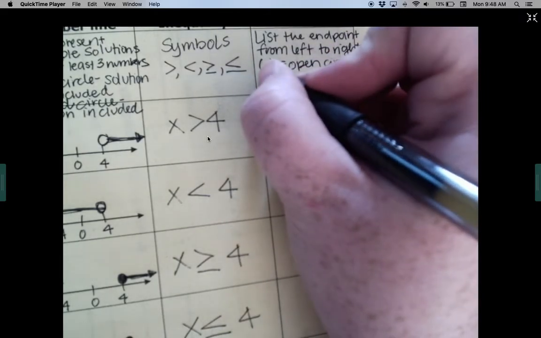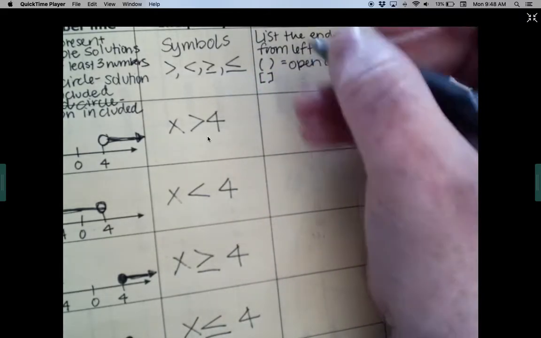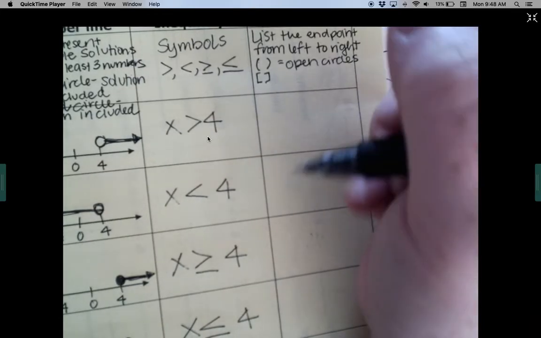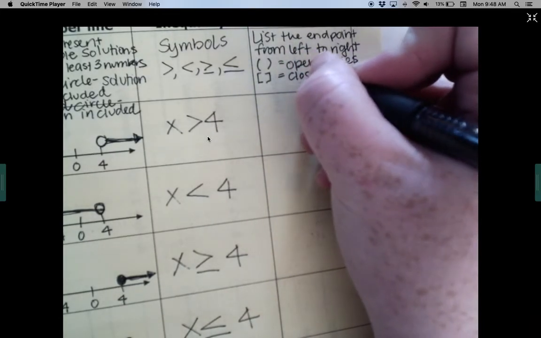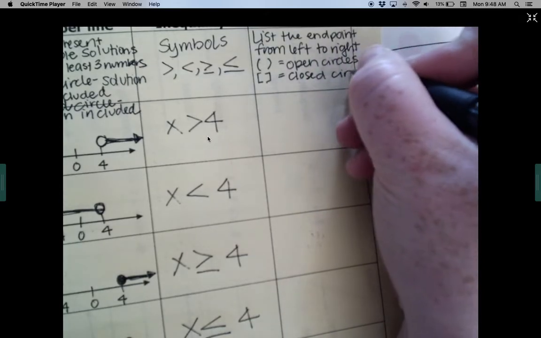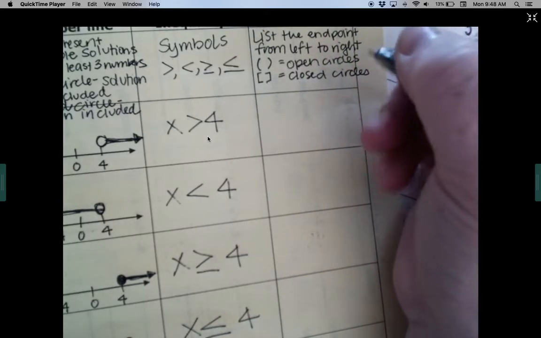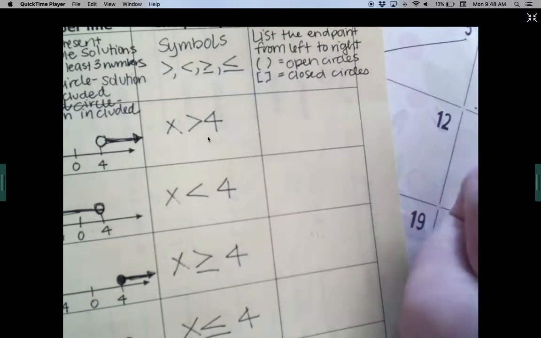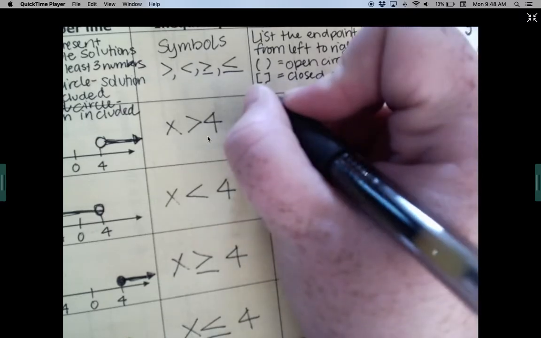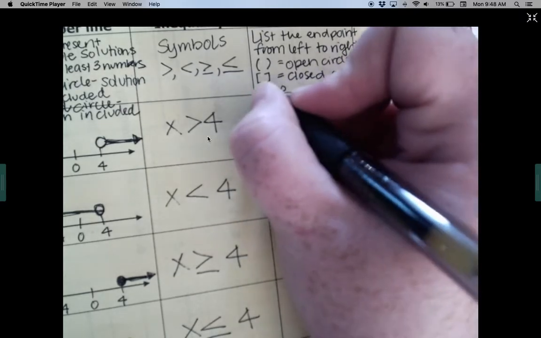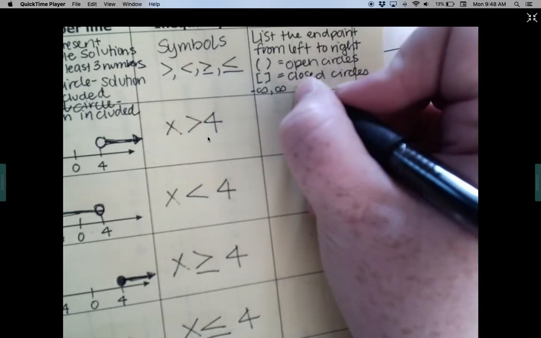Then there's our robot brackets. That's the word I like to say. Those are what we use with closed circles. And then a positive infinity and a negative infinity is what we use with our arrows.